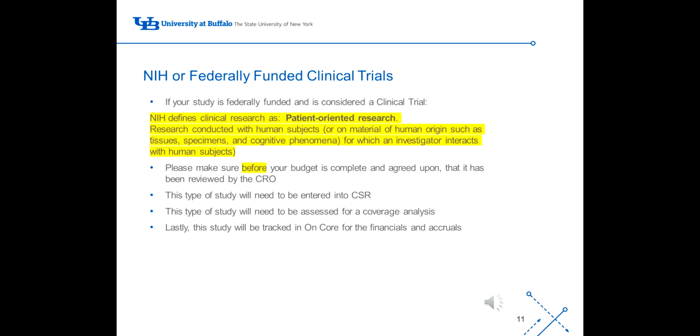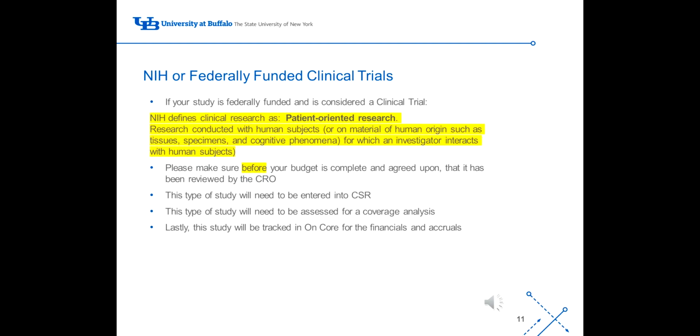NIH or federally funded clinical trials, please be aware that these types of trials will be tracked in ENCORE if they are considered a clinical trial. NIH defines clinical research as patient-oriented research, research conducted with human subjects or on material of human origin, such as tissues, specimens, and cognitive phenomena, for which an investigator directly interacts with human subjects.